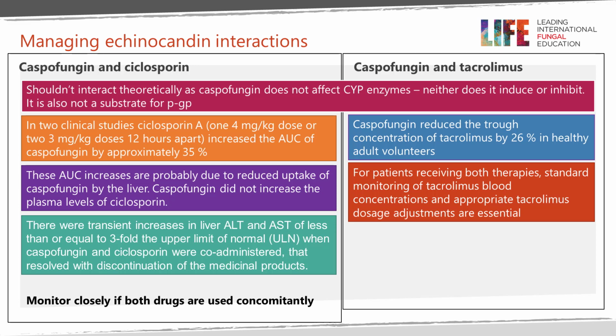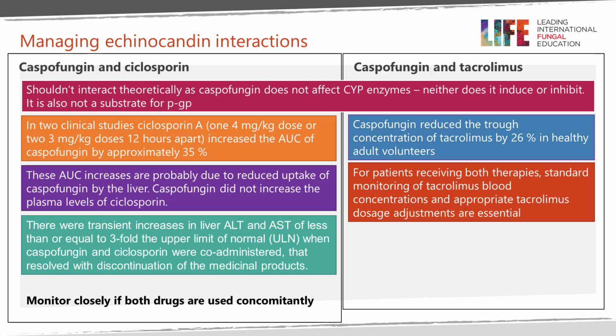Caspofungin didn't increase the plasma levels of cyclosporine, so the other way around doesn't seem to be much of a problem. The other thing that was an issue as well, there were transient increases in liver ALT and AST of around threefold when caspofungin and cyclosporine were taken together, which resolved when the medicinal products were discontinued.